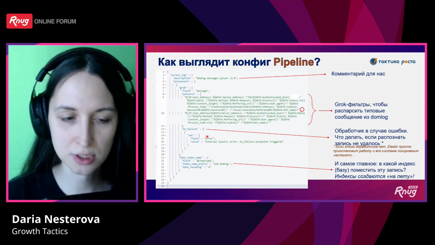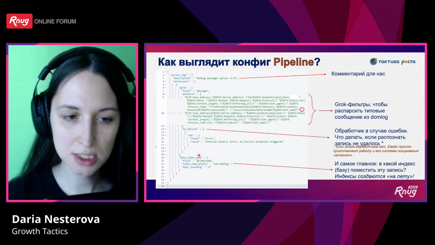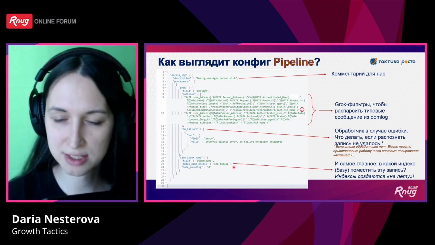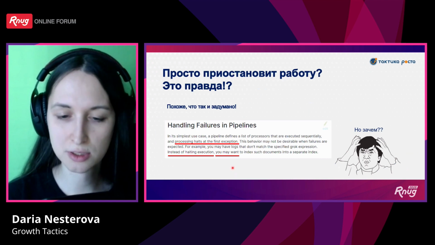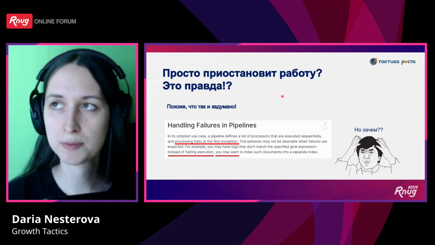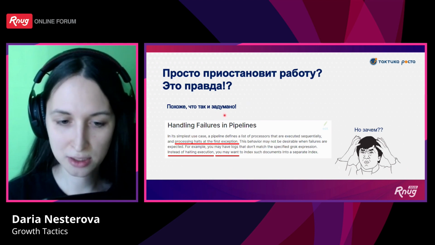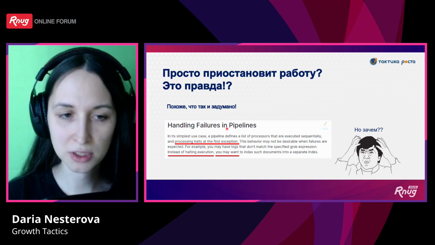Also, an important processor is what to do in case of a failure. You should definitely use it. And then the processor that puts this entry through the pipeline to the Elastic base, to the Elastic index. What do I mean when I say that Elastic will halt its work in case of failure?